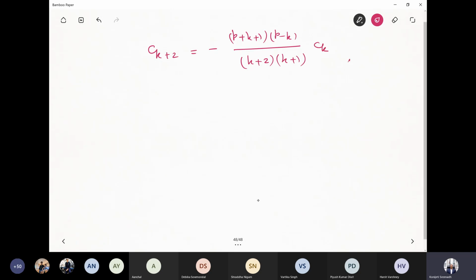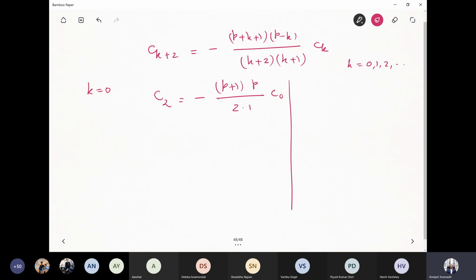So from here, k equals 0, 1, 2, like this. So take k equals 0. When I take k equals 0, I get c_2 equals minus (p+1)p upon 2 into 1 times c_0. So c_2 we could find in terms of c_0, right?